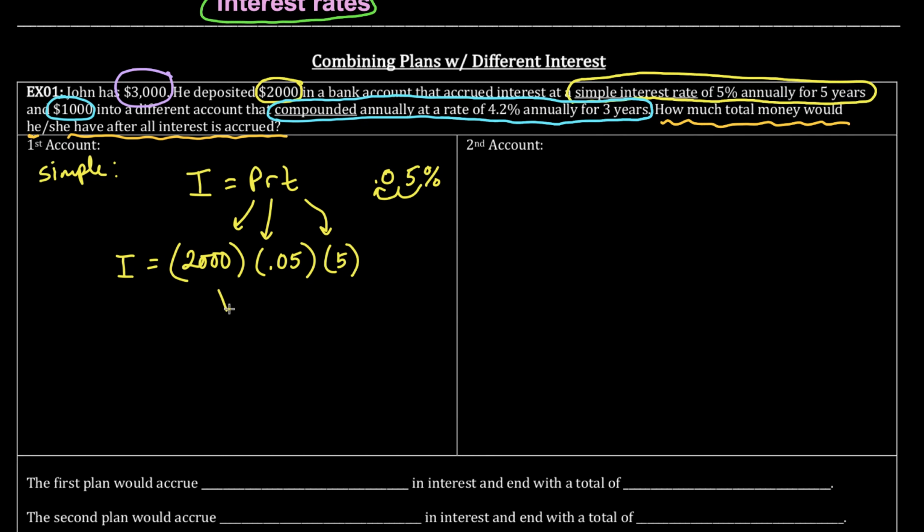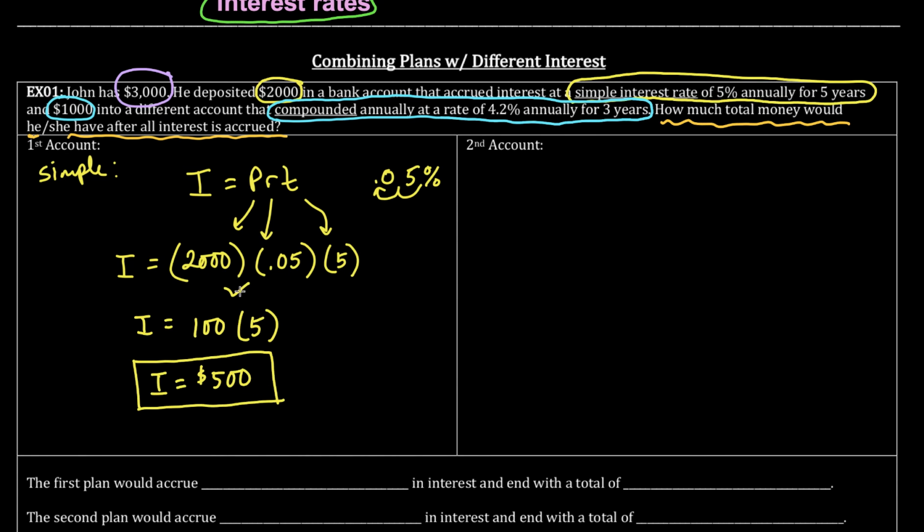So 2,000 times 0.05 is 100, times 5, and I equals $500. The interest is $500. Now here's the thing, before I move on, you could have just multiplied all these at once, but I wanted you to see the steps instead of just thinking it magically appeared. But you can multiply all these at once and get 500.